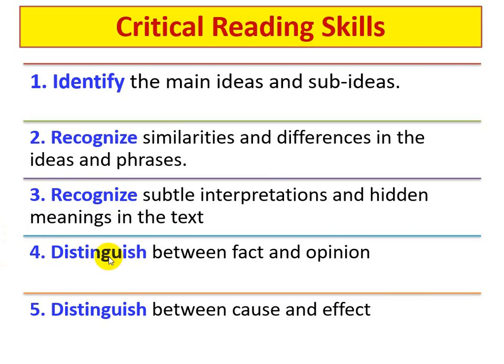Number four, to be able to distinguish between fact and opinion when something is provided in the text. Is this a fact or is it just an opinion of the writer? Number five, to be able to distinguish between cause and effect. What leads to what? Is this a cause, a reason, or is it an effect or result?